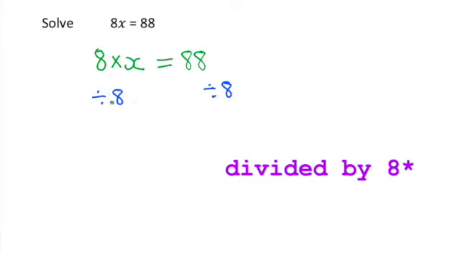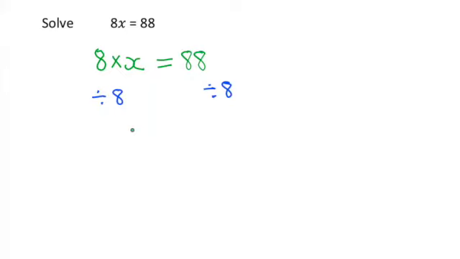Well, I know 8 divided by 8 is 1, so that's going to just leave me with x on one side of my equation. And so x equals, which is what I want to find. Now I have 88 divided by 8, and 88 divided by 8, I know is 11. So that means the value of x is 11.